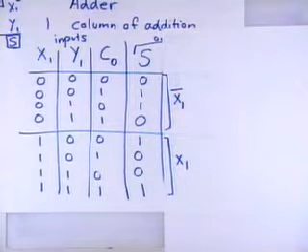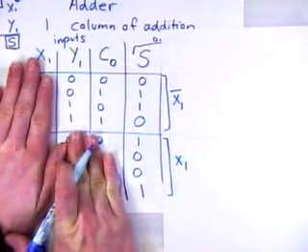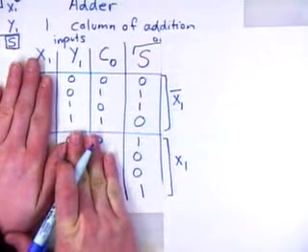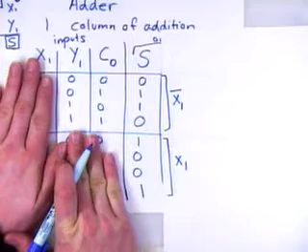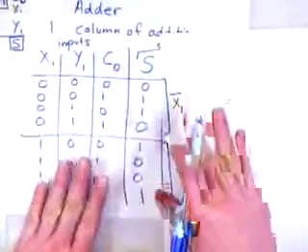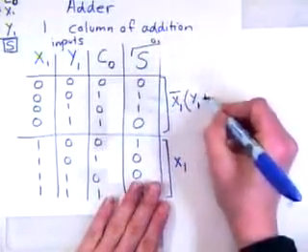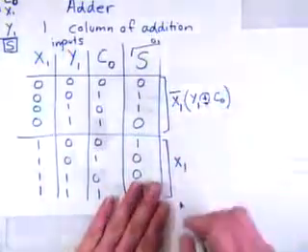Right? And then if I ignore the first column and just look at y1 and c0, that looks like a regular 2-input truth table. Right? And my output looks like exclusive OR. So I could say that in the case where x1 is false, my output looks like y1 exclusive ORed with c0.